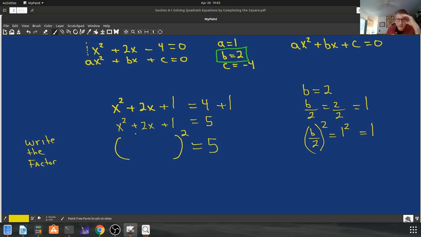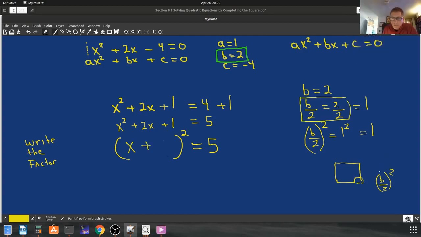Remember, in the video we had a square with a little bitty hunk missing at the end, and when I added b halves squared to it, I was completing the square, so the end result was a full square.